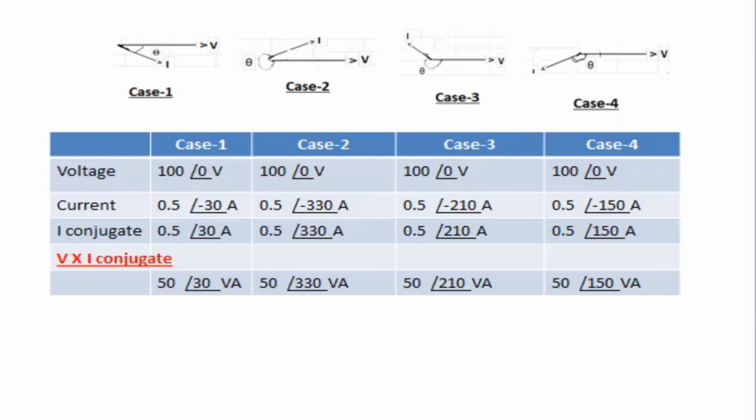Now V times I conjugate. Multiply both, voltage and I conjugate. First case is 50 angle 30 VA. Second case is 50 angle 330 VA. Third case is 50 angle 210 VA. Fourth case is 50 angle 150 VA.